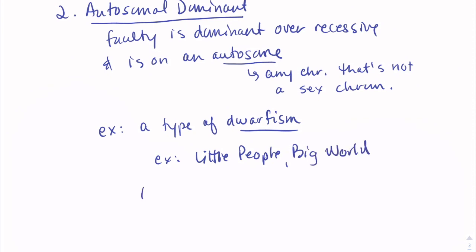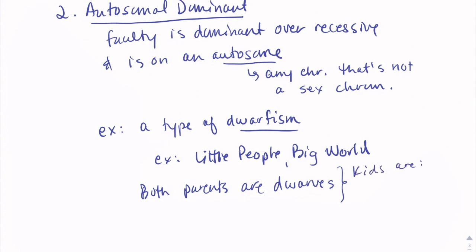And that's where both parents are dwarves. Yes, that's how you spell it. Dwarves, not dwarfs. And they have kids who are dwarves. I think they have 2 kids who are dwarves and one of normal height.